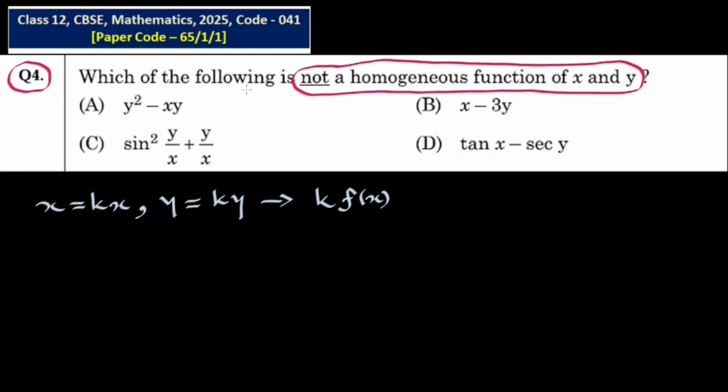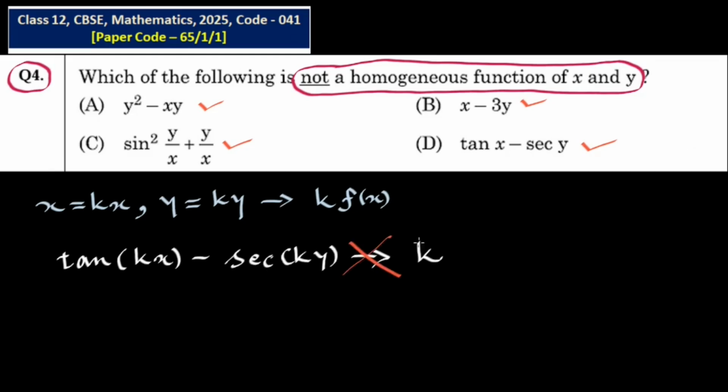Careful observation and some logical thinking shows that the first 3 options A, B and C are homogeneous functions, but the last is doubtful. So let us check. Tan of kx minus sec of ky cannot be written as k times tan x minus sec y. Hence, tan x minus sec y is not a homogeneous function in x and y. So the correct answer option is D.